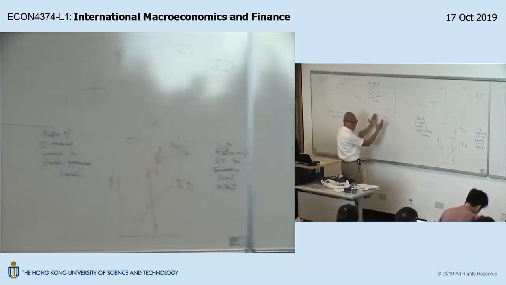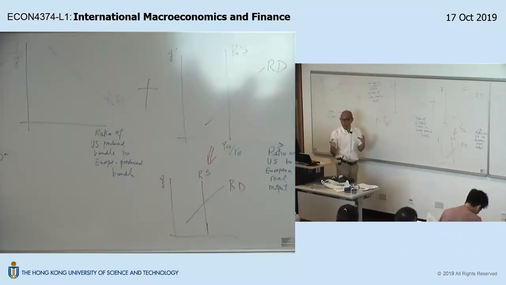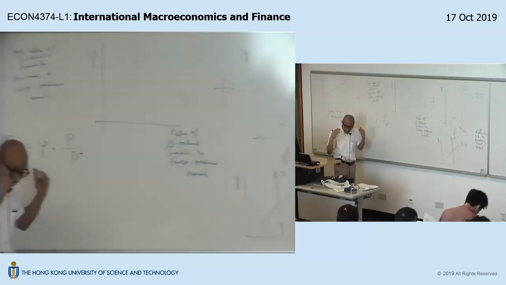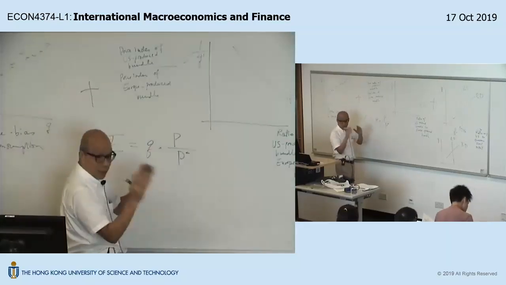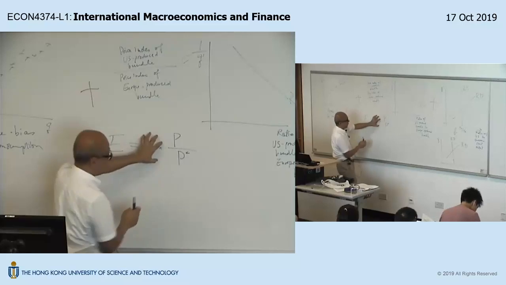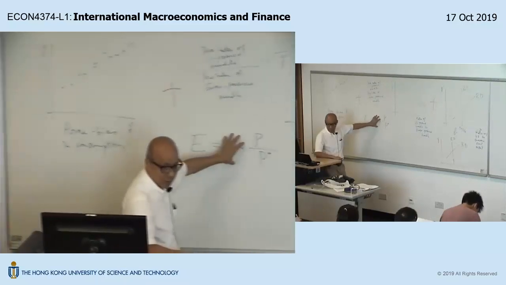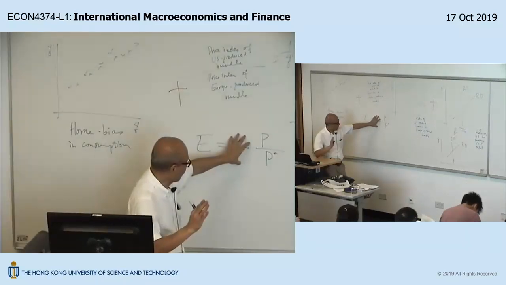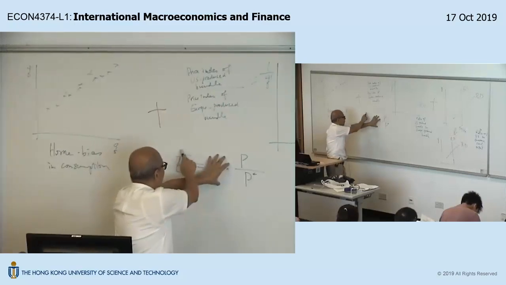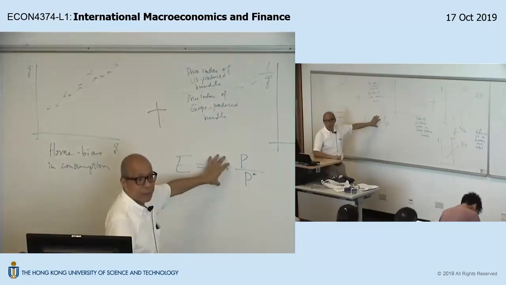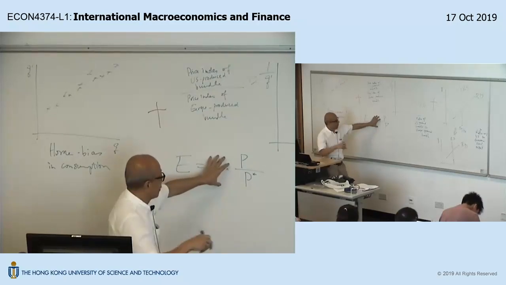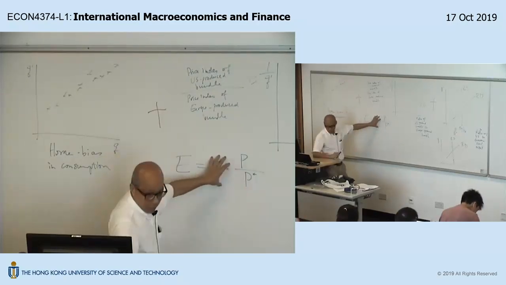In other words, if it's a purely monetary shock, a purely monetary factor, then in the long run it would not affect Q. That's our theory. The long-run nominal exchange rate is determined by just the monetary side.